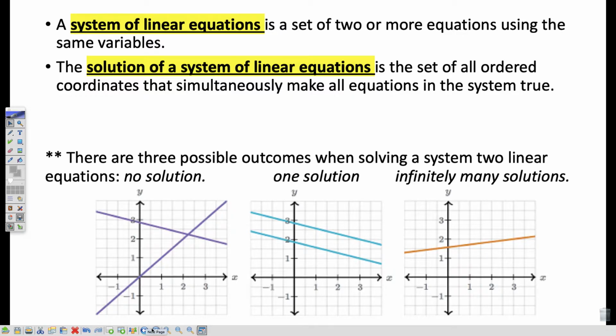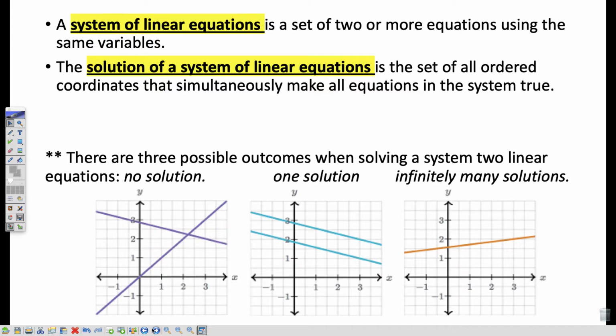There's no squared or anything like that in these, because they're linear. The solution of a system of linear equations is a set of ordered coordinates, x, y's, or x, y's, and z's, or whatever, that simultaneously make the equations true. So it makes all the equations true at one time. Wasn't that the intersection? Okay.